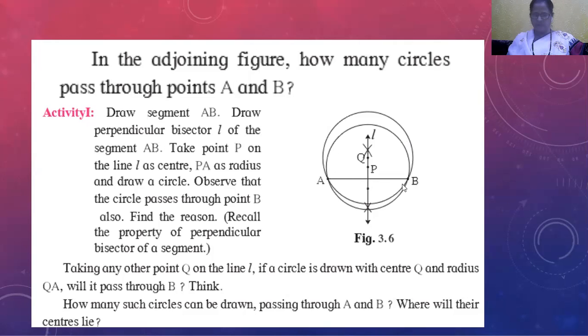You will get one circle. Again change the radius, take the center point on this perpendicular only and again draw a circle. You will get so many circles here. You just change the radius along this perpendicular line and all those circles pass through these points A and B.